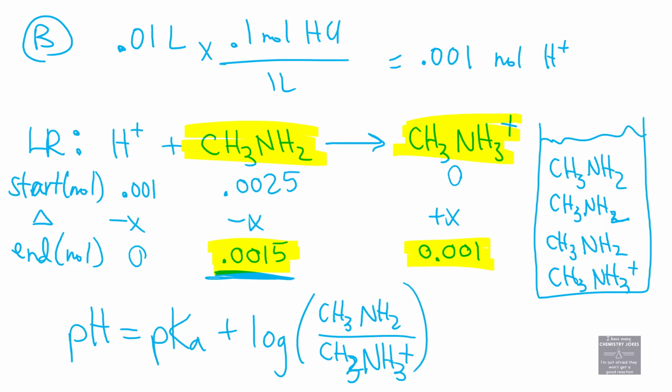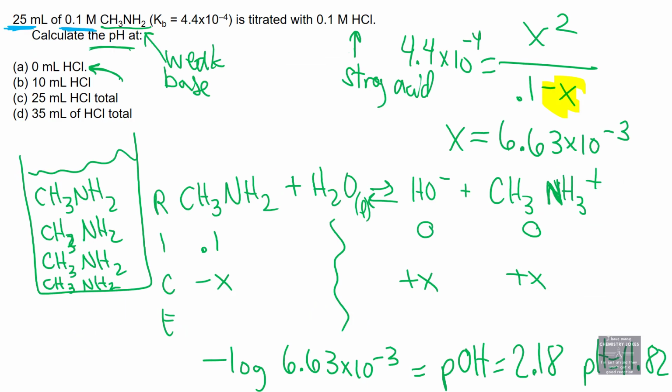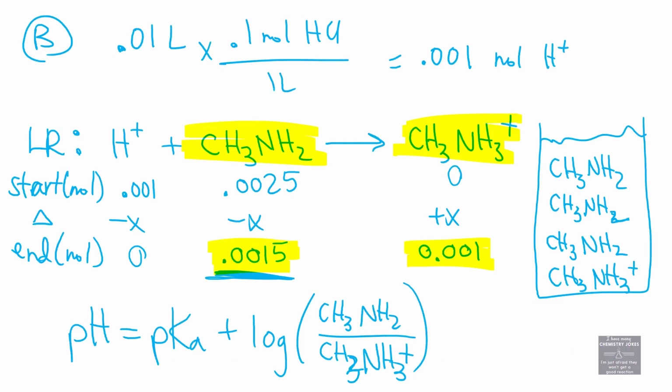We know Kb is this. So I can take the negative log to find pKb, and then 14 minus that to find pKa. That becomes 10.64. Plus the log of base over acid, 0.0015 over 0.001.